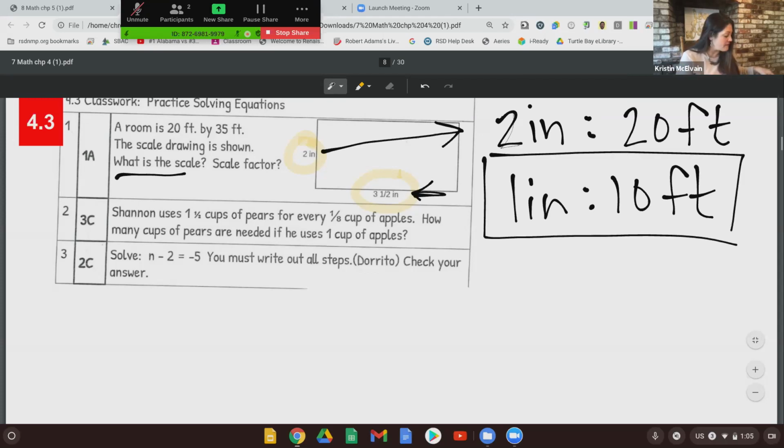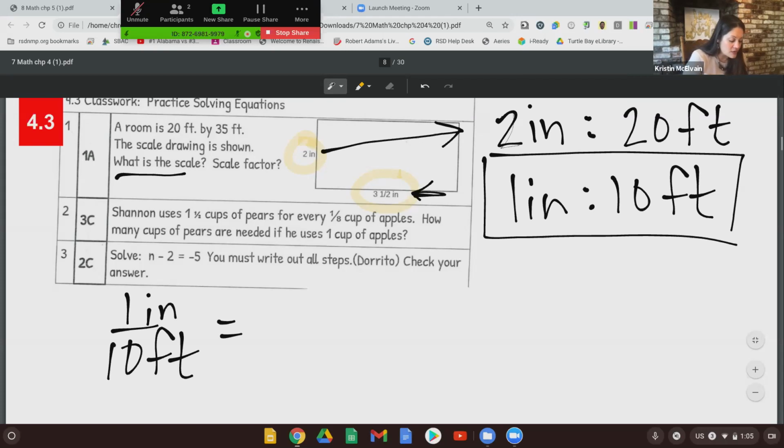So our scale factor, a scale factor is a scale without units when the units are the same. So now we need to take our scale and make the units the same. If we have a scale of 1 inch to 10 feet, then what is that if we convert the whole thing to inches?